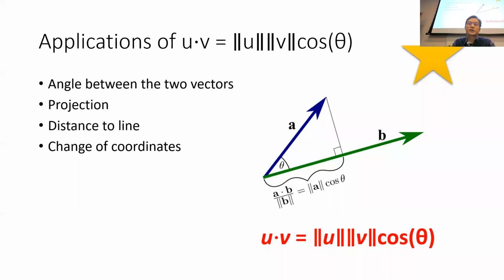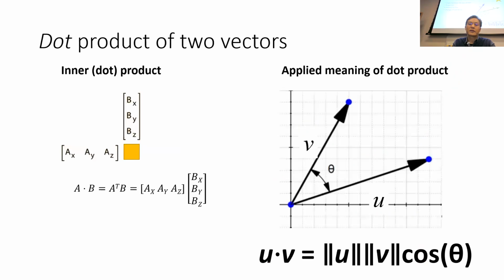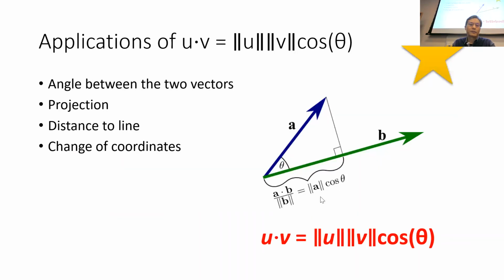So here, A projects onto B. Based on the definition of cosine, cosine is this divided by A, the length of A. So you have the length of the projection as A times cosine theta. A is the length of that, so you can write it in this way.